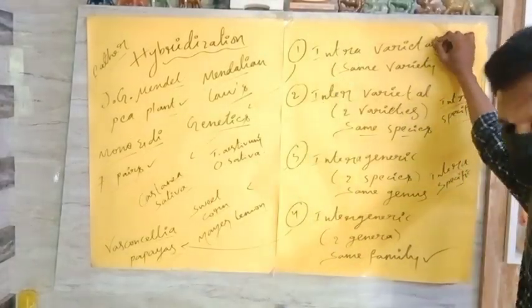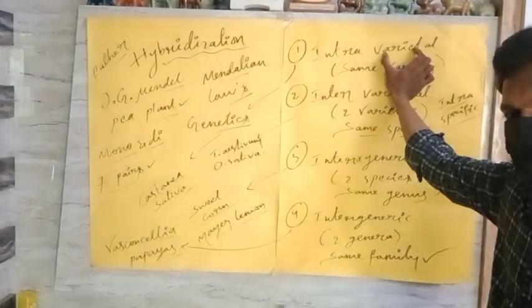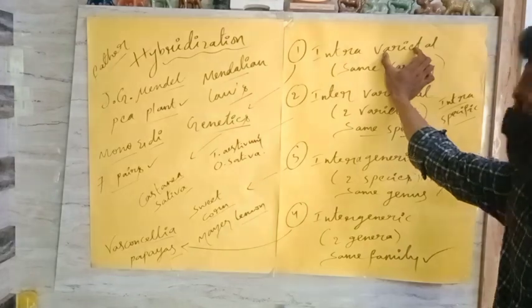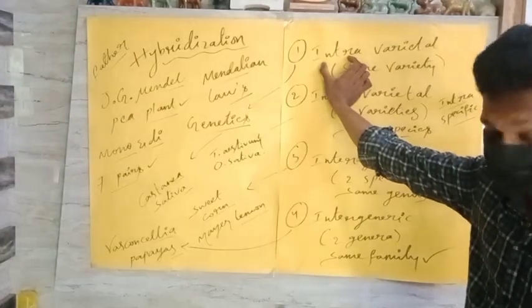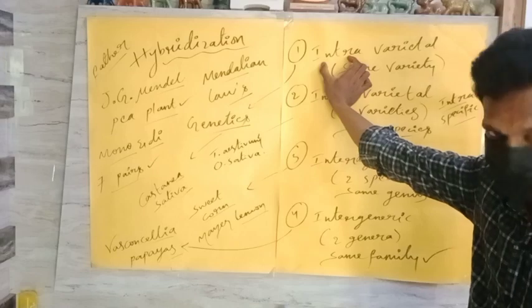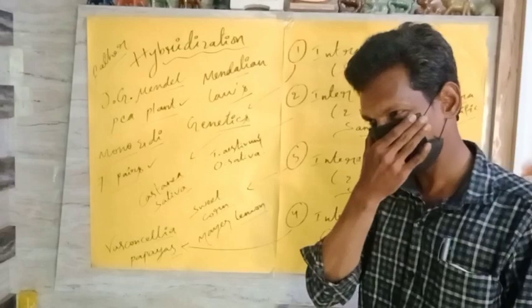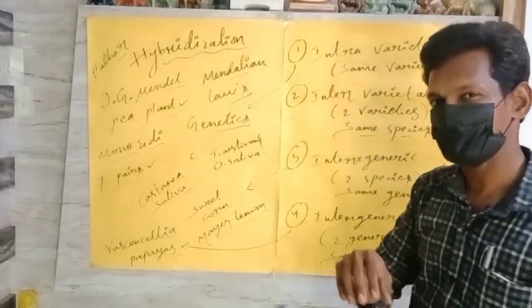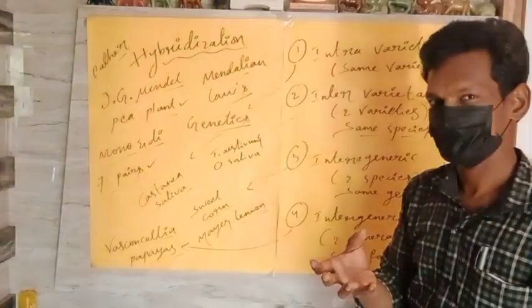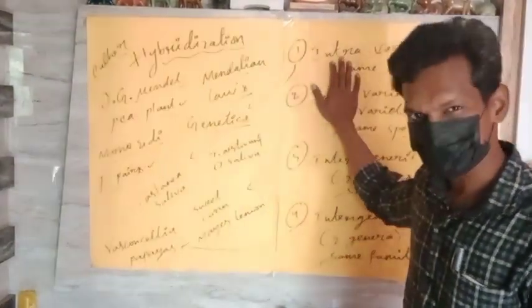First we shall go through intravarietal. In the name itself we can find varietal. Intra means within, inter means between. In exams, in the question paper, you are familiar with these terms: internal choice, intra choice. Internal choice is slightly different from intra choice.